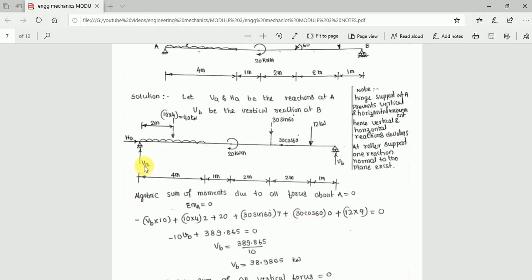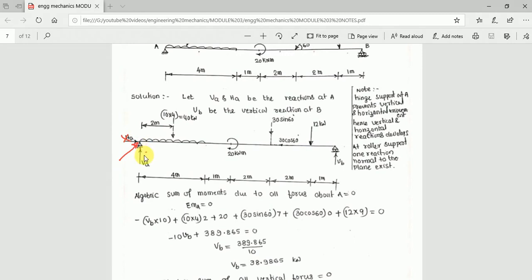This resultant RA has a magnitude of 27.8 and the angle made is 57.35 degrees. So where will it act? It will act here. The resultant support reaction is acting like this.